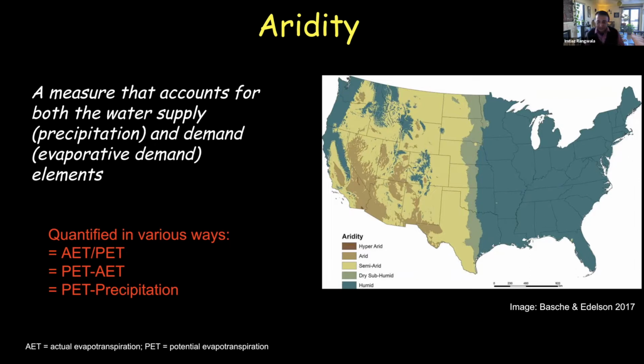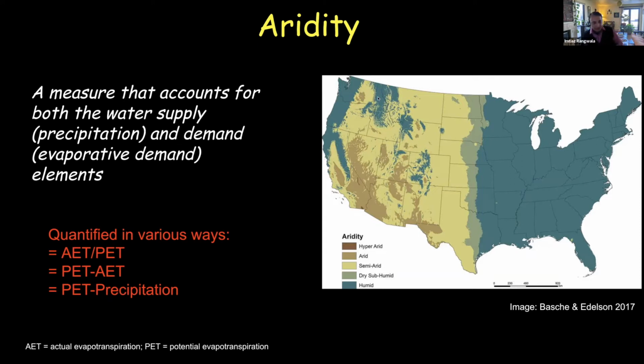As you look at the map of the country and the aridity categories, you start to see that much of the east is humid, whereas it gets more and more arid as you go west, and how the terrain plays a role in making the system less or more arid.